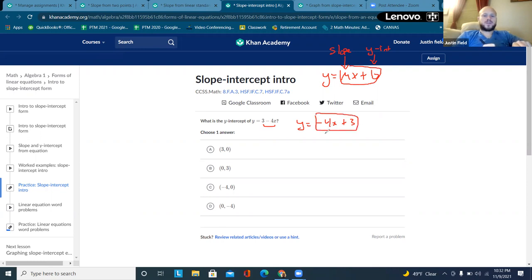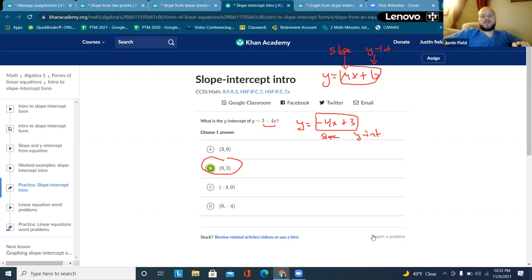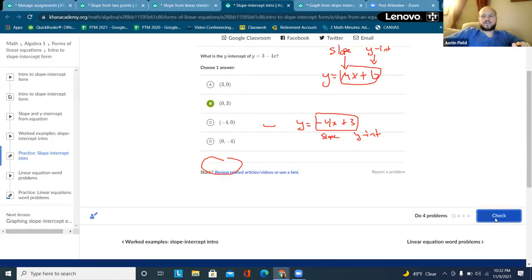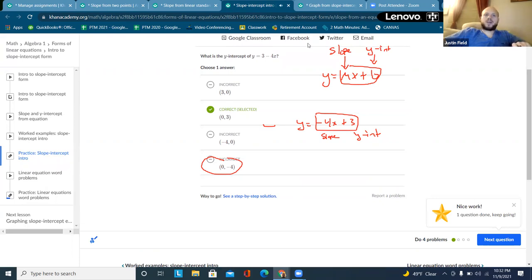So -4 is the slope, and 3 is the y-intercept, right? So what's our y-intercept? 3. So it'd be 0, 3, because we know at the x-intercept, the y is 0. At the y-intercept, the x is 0. And I'm right. All right.